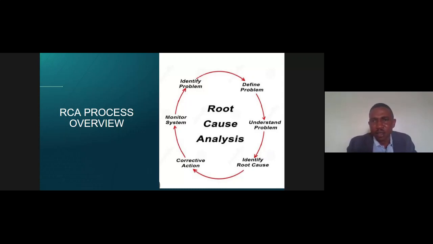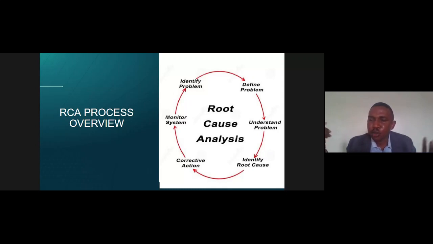Then understanding the problem is another thing. Understanding it from various factors, various processes. Is it from a process angle? Is it an administrative problem? These are the things that you have to understand about this problem. Then, having understood the problem, the next thing is to identify the root cause.